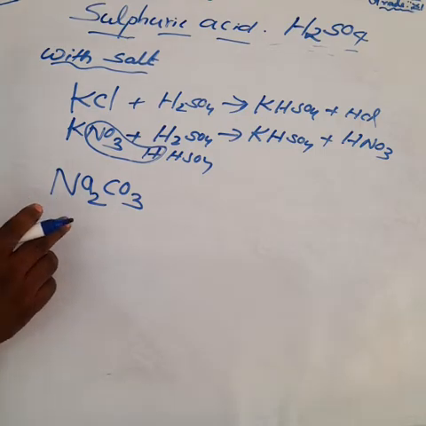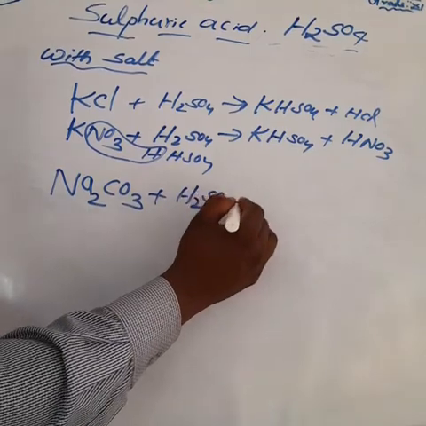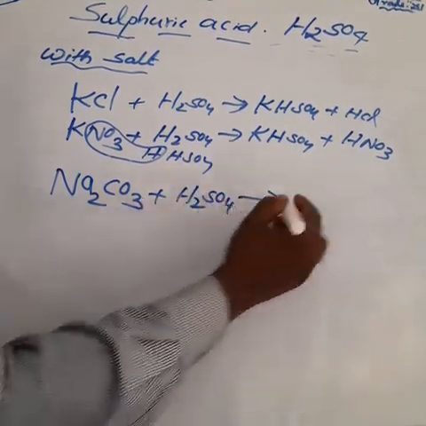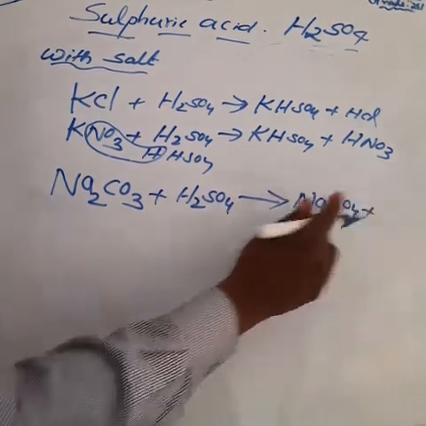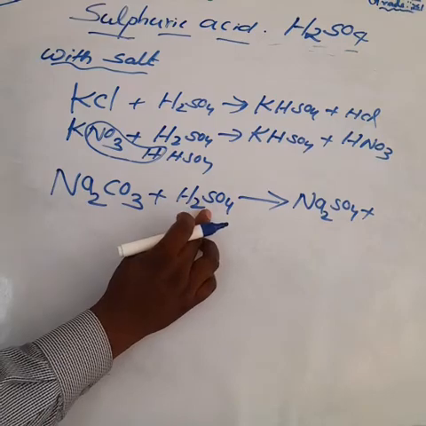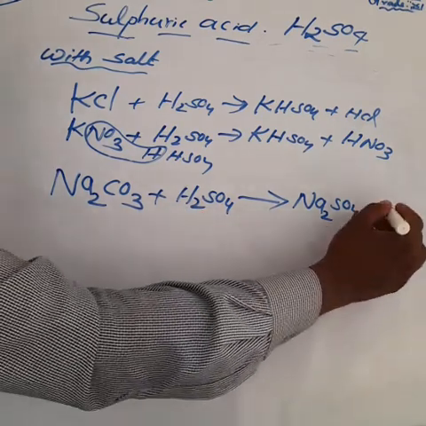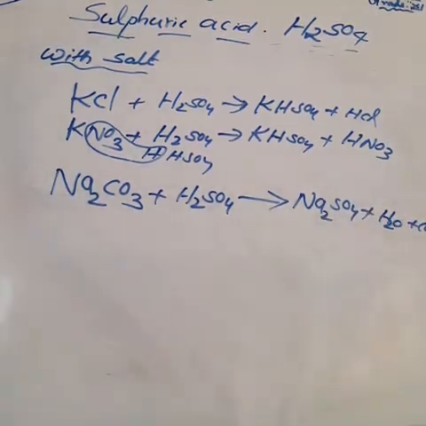By the reaction between sulfuric acid H2SO4 plus sodium carbonate Na2CO3, we get sodium sulfate. The sodium combines with the sulfate, we get Na2SO4. Hydrogen combines with oxygen, we get water molecules and also carbon dioxide, CO2.